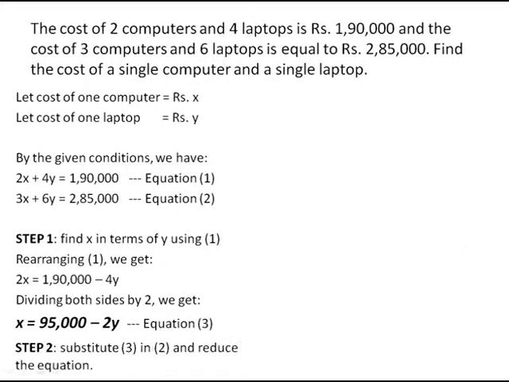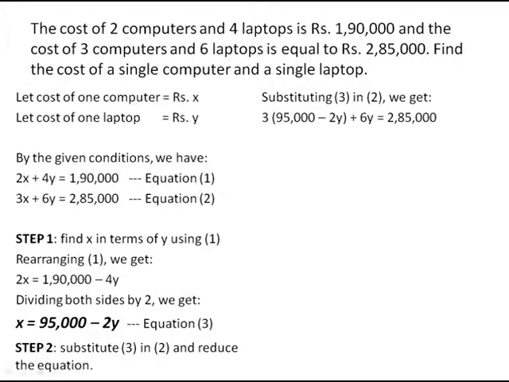Step 2. Substitute the new equation, equation 3, in equation 2 and reduce the equation. Substituting 3 in 2, we get 3 into (95,000 minus 2y), which is x, plus 6y is equal to 2,85,000. 3 into 95,000 gives us 2,85,000, and 3 into minus 2y gives us minus 6y.